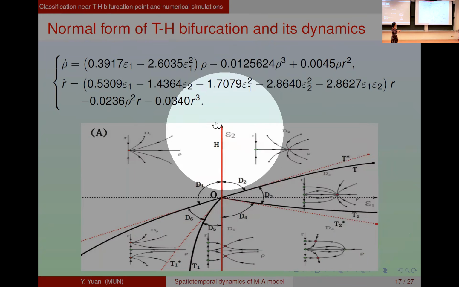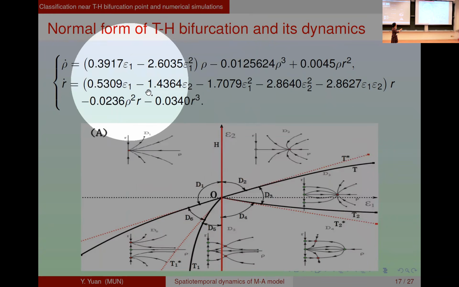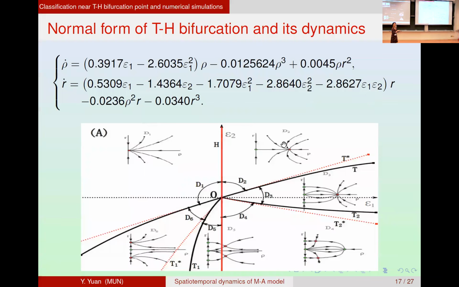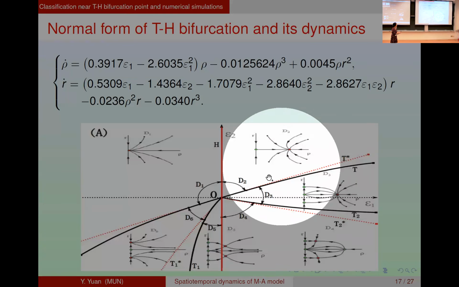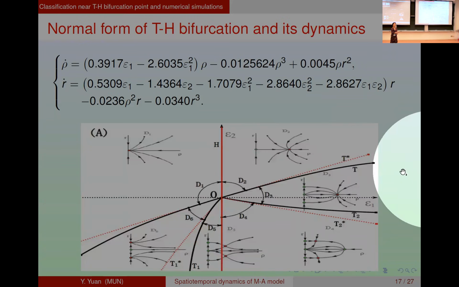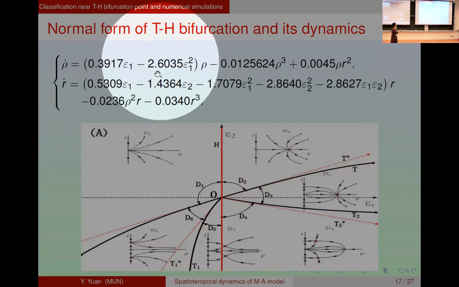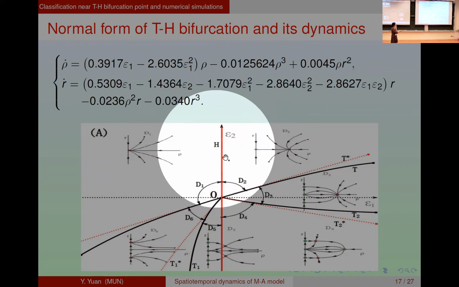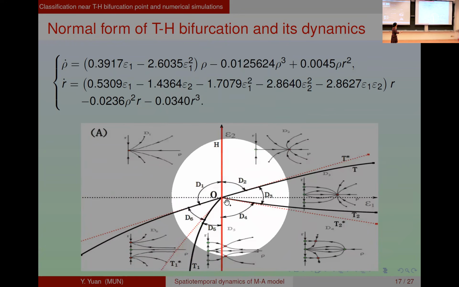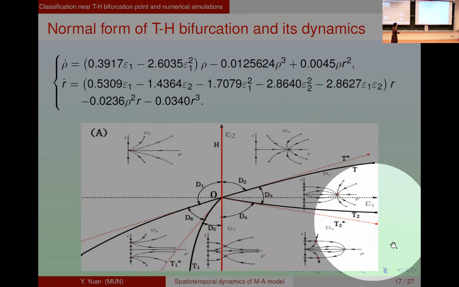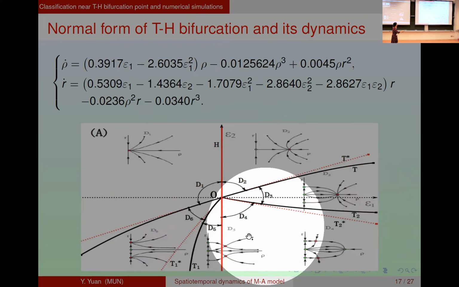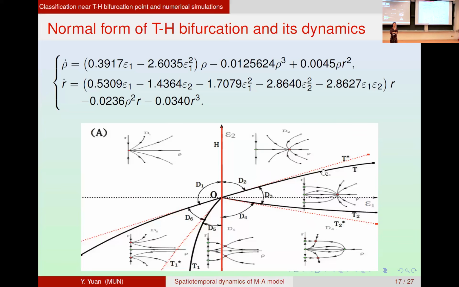Related to epsilon 1 and epsilon 2, they can determine the 4 critical curves. H means epsilon equals 0, and there are also T, T1 and T2. So these are 4 critical curves.